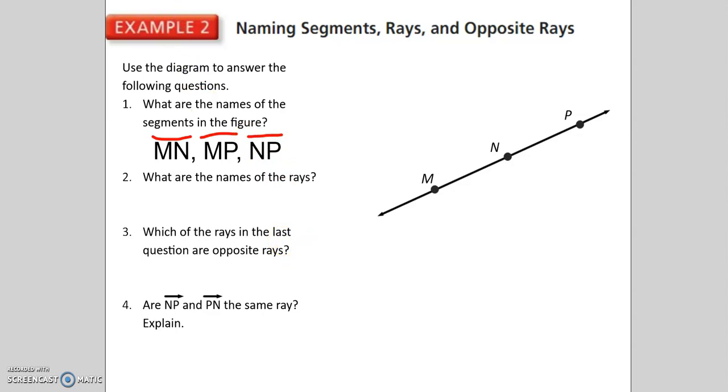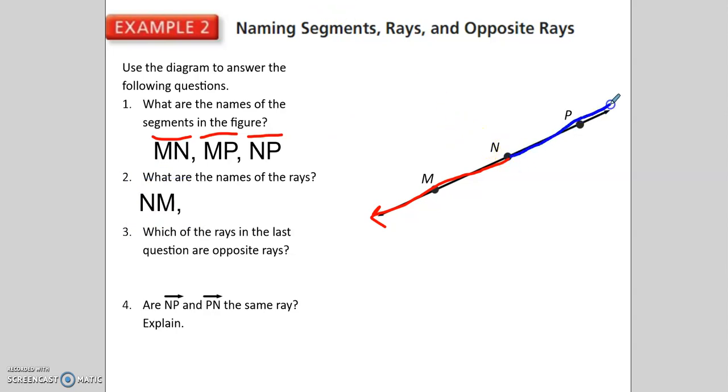What about the names of the rays? Okay, rays have an endpoint and then go off in a direction. So here, I actually have a few. Okay, I have a ray, let's start at N. I have a ray at N going through M, N through M. I could go the other way, can I?